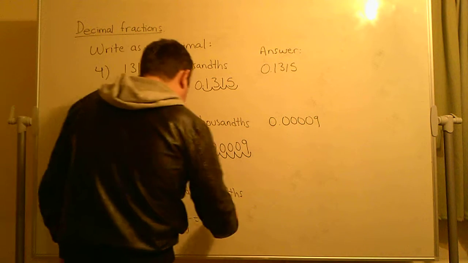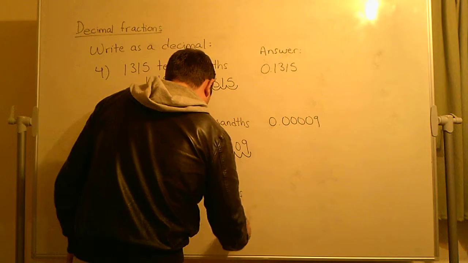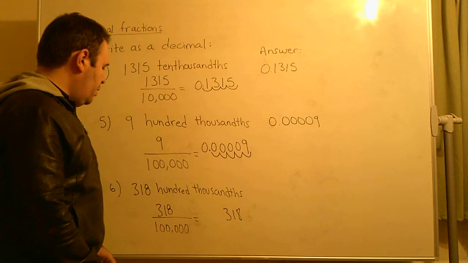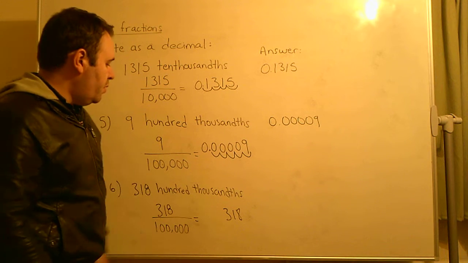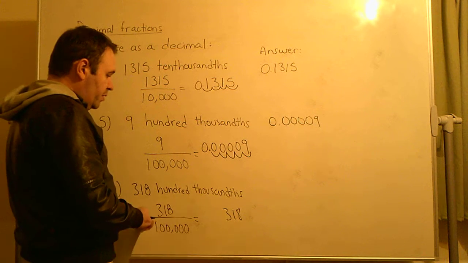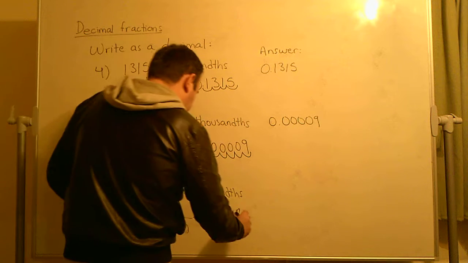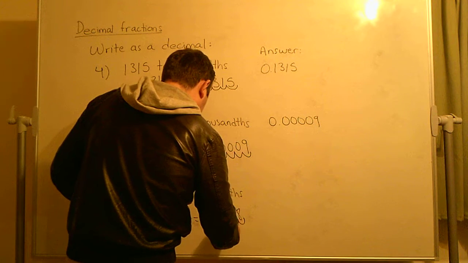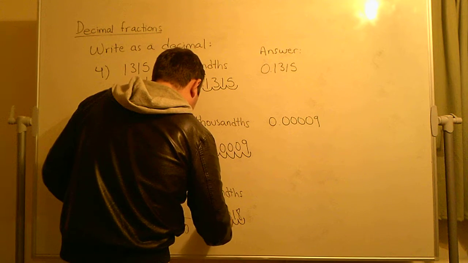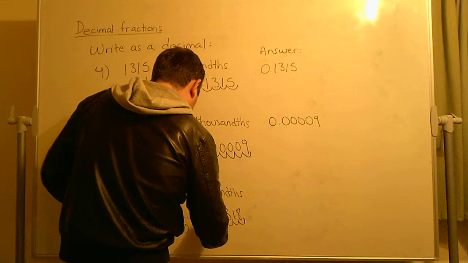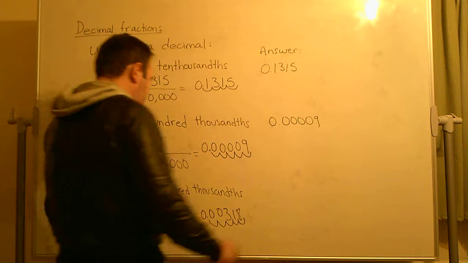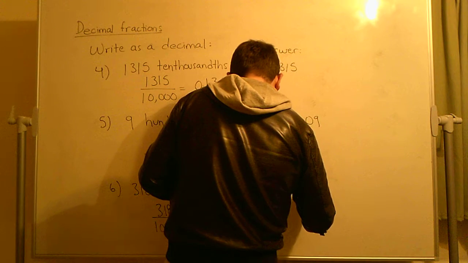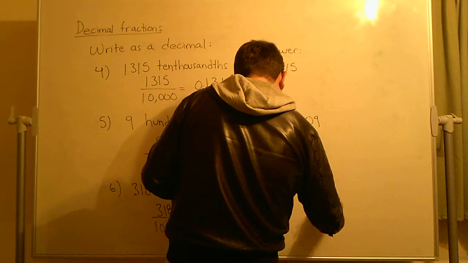So we write down 318 here. And how many zeros do we have? We have 5 zeros. So we need to move the decimal point 5 places to the left. So the correct answer would be 0.00318.